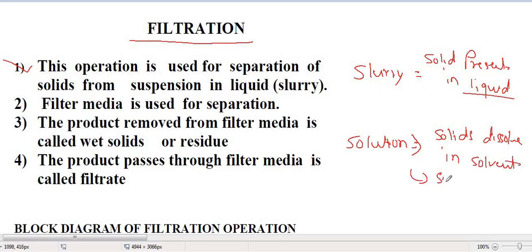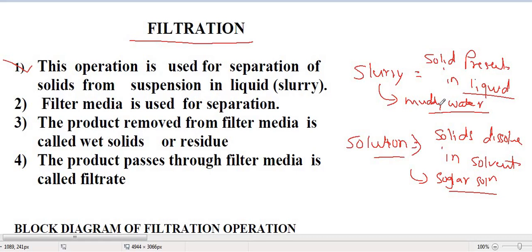In short, sugar solution. Sugar is dissolved in the water, then we have the sugar solution. While if you want to take the example of slurry, muddy water. That means you know that in the rainy season, small amount of soil particles in this water, we call this as muddy water.